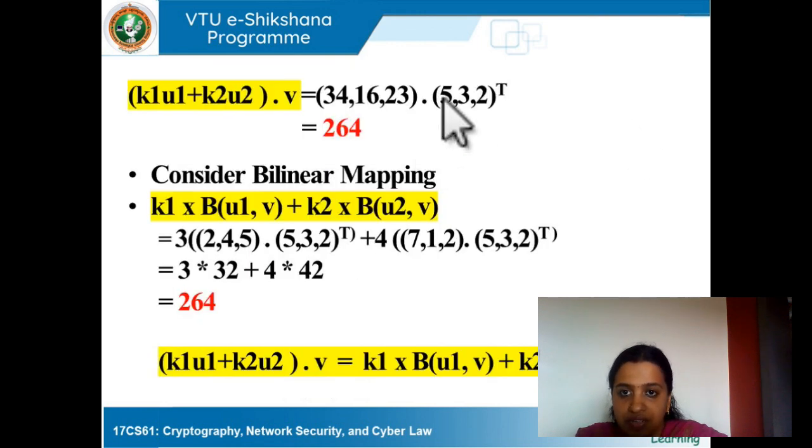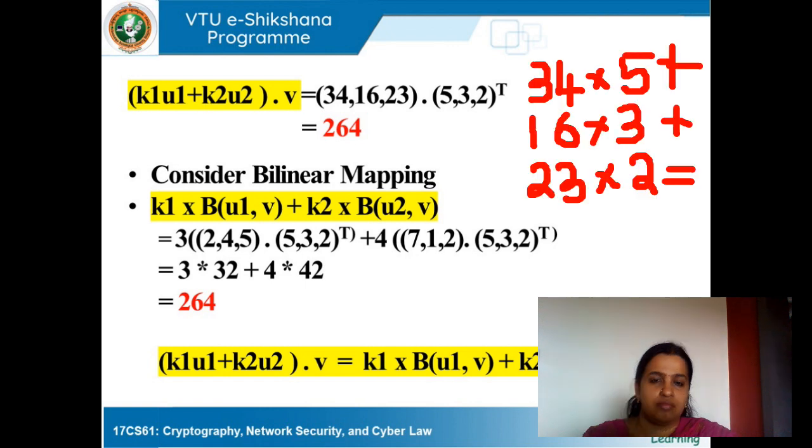The transpose of 5, 3 and 2 is multiplied with the previous vector to get 264. This is 34 into 5 plus 16 into 3 plus 23 into 2, which will give us 264. Here I have specified how the dot product is calculated for these two vectors. The outcome of this is 264.